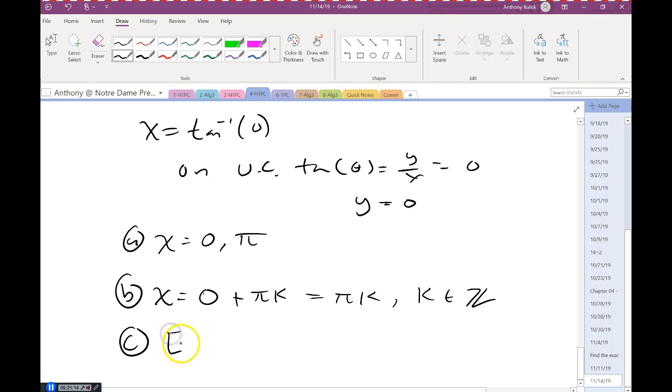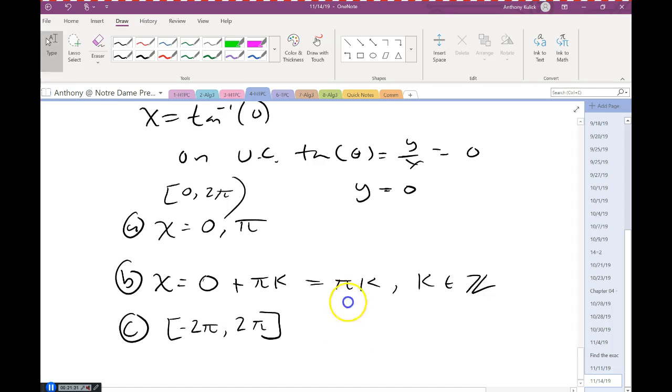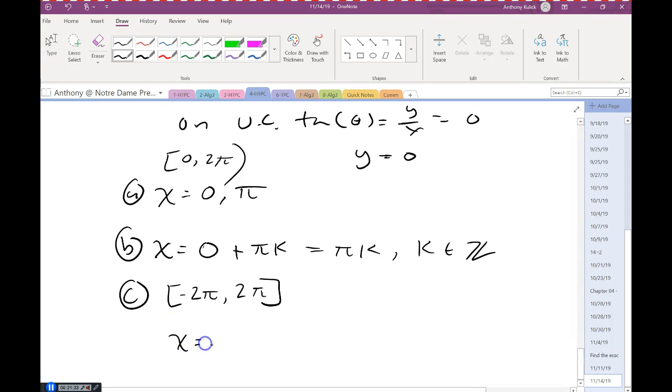So C, we have to be very careful here. Remember in part A, we're going from 0 to 2 pi with the parenthesis. Here we're going from negative 2 pi to positive 2 pi, both with brackets. So here my answers are negative 2 pi, 0, and positive 2 pi.